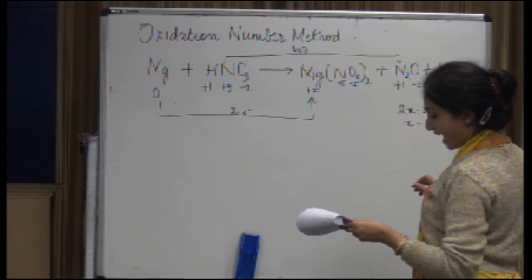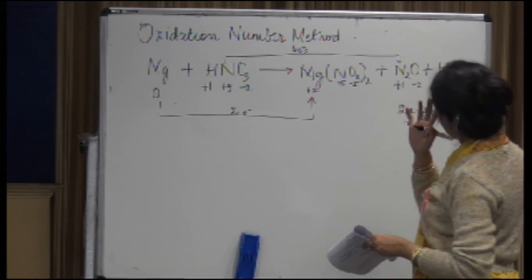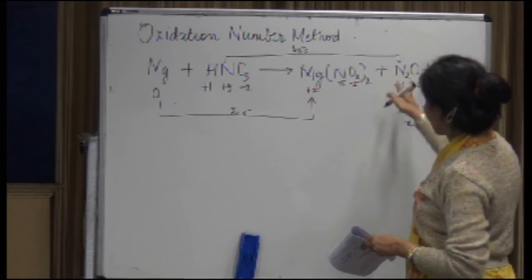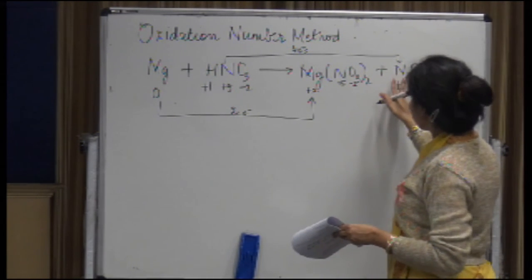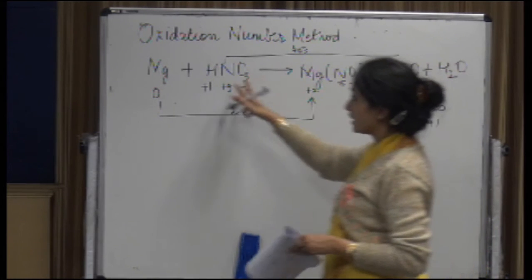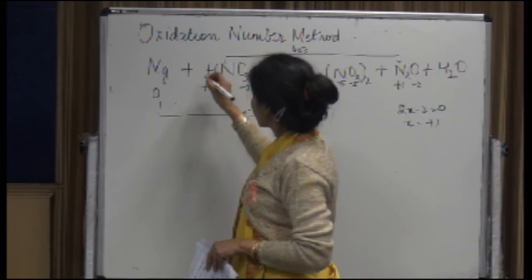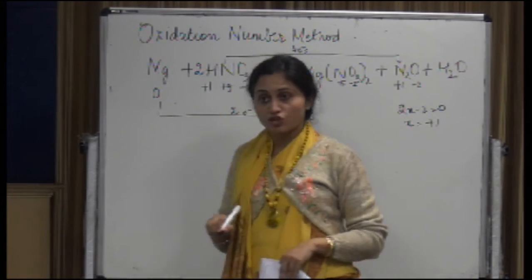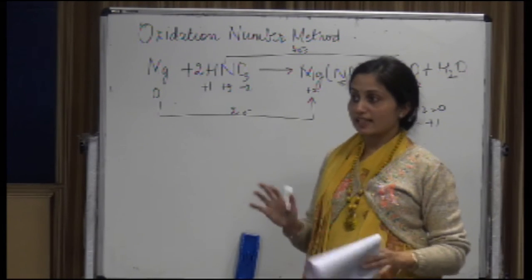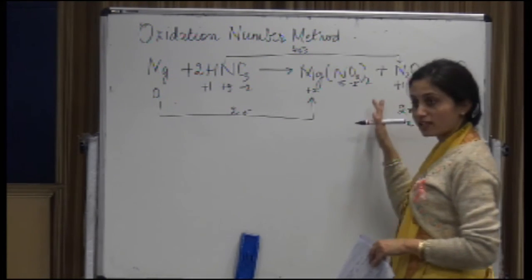Now if I balance out the nitrogens, if I check only this nitrogen part, this is 2 nitrogens and here I have only 1 nitrogen. So let me put a 2 and then find out the change, because at least let me have the balance of those oxidation states.